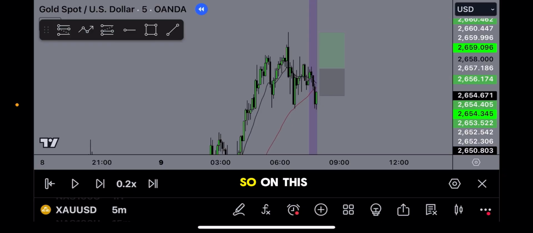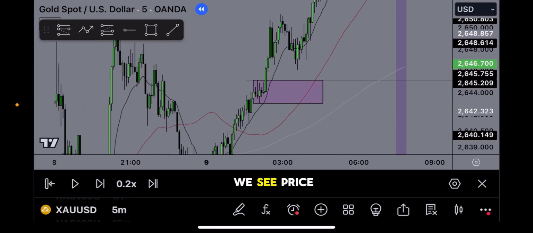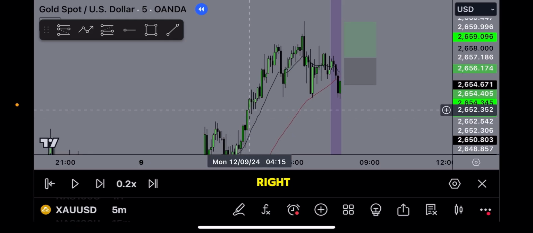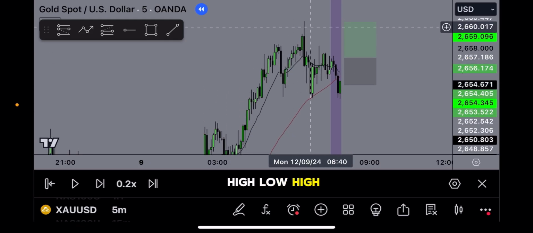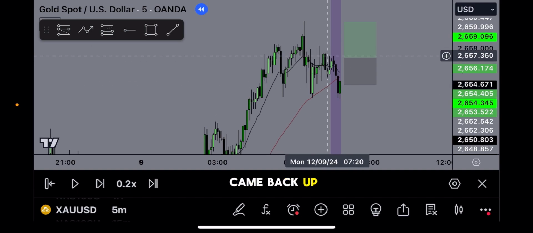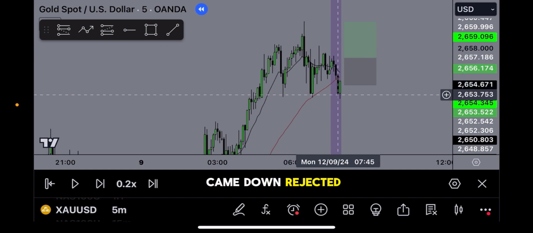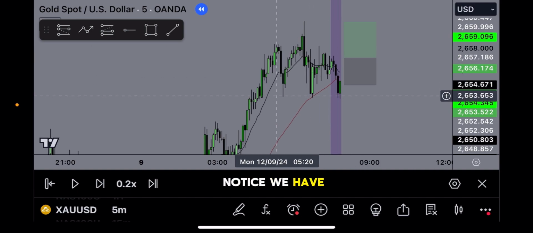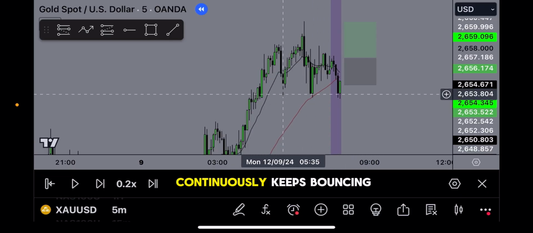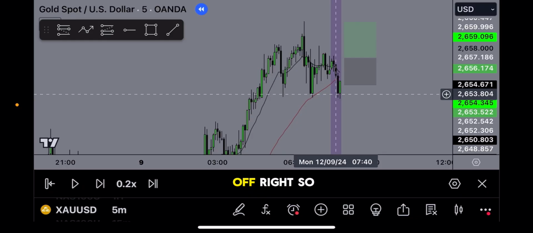So on this other example, we see price going up on the uptrend, right? High, low, high, and then right here price came down, rejected, came back up, came down, rejected, right? And if you notice, we have these wicks right here where price continuously keeps bouncing off, right?